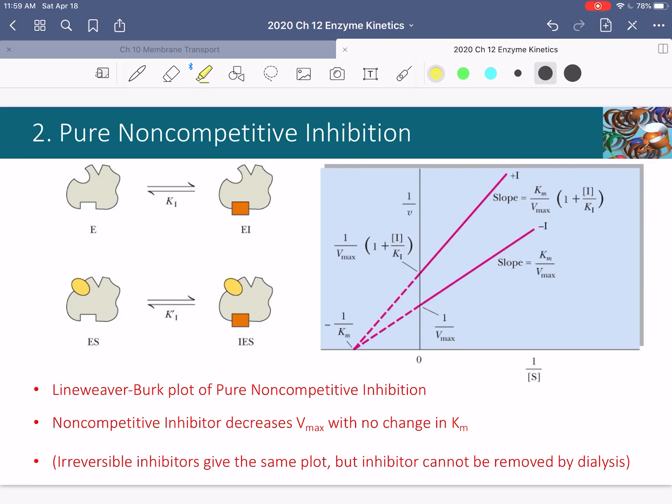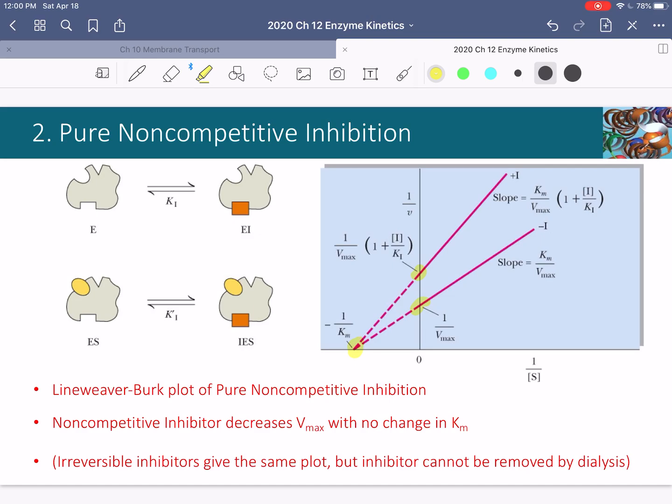And these lines intersect the x and the y-axis in ways that are very informative as to what kind of reversible inhibitor we have. So in this case, where we have a non-competitive inhibition, we know right away that this is not a competitive inhibitor.